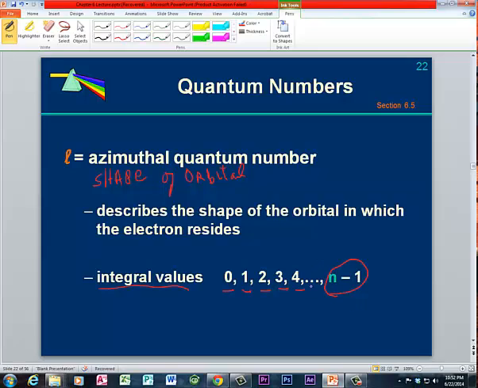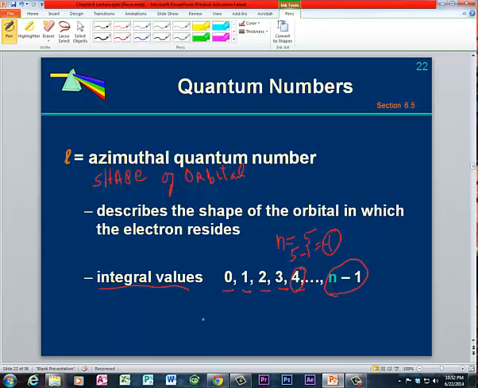So what this means is if our n value, our n principal quantum number, was 5, then the maximum l value for an n value of 5 would be 4. And that's because 5 minus 1 is equal to 4. So that tells us what the maximum l value is.